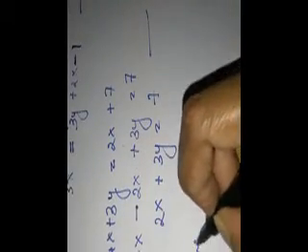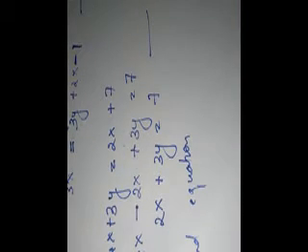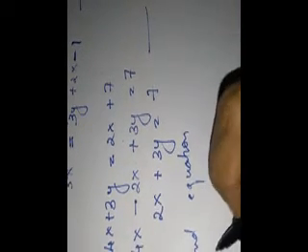So we got the first equation simplified like this. For the second equation, we can again take the second equation and write it as 3x. What you can do is just bring it to the other side: 3x minus 3y minus 2x is equal to minus 1.